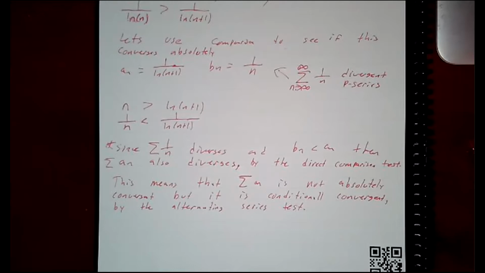Okay. All right. So we talked about, this is section 9.5, the absolute convergence and conditional convergence. Now let's talk about the ratio and root test.